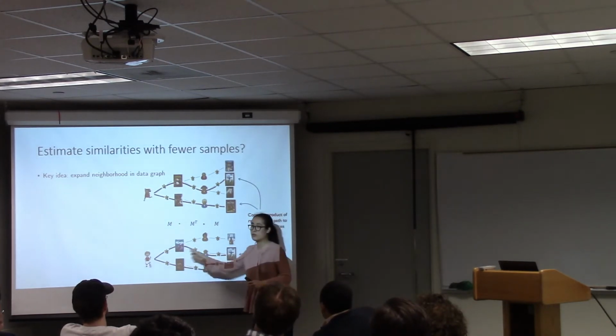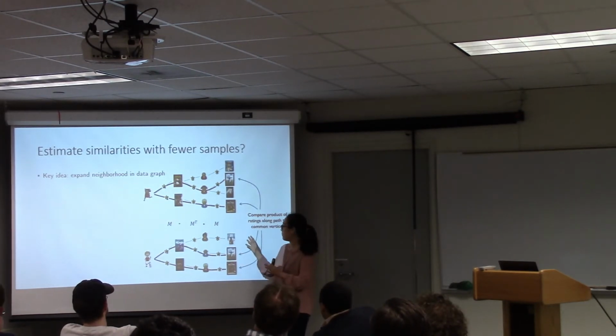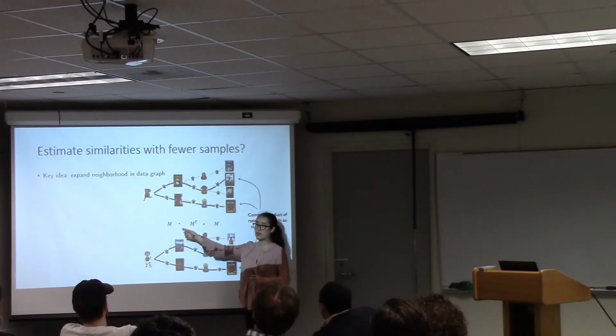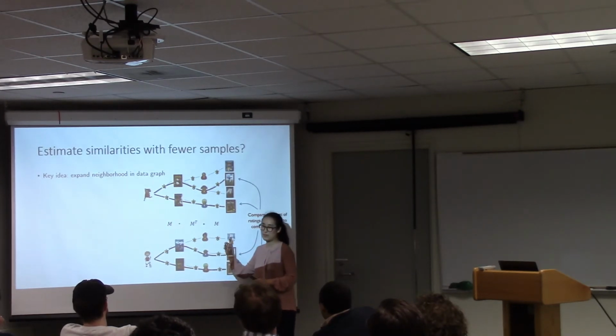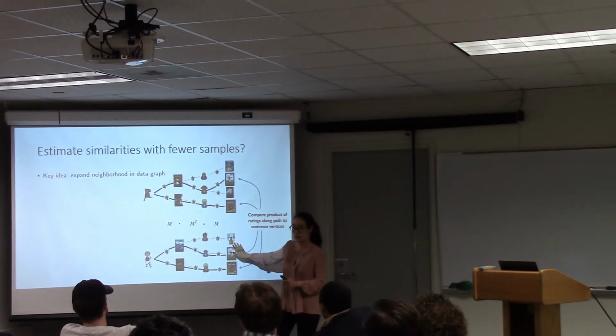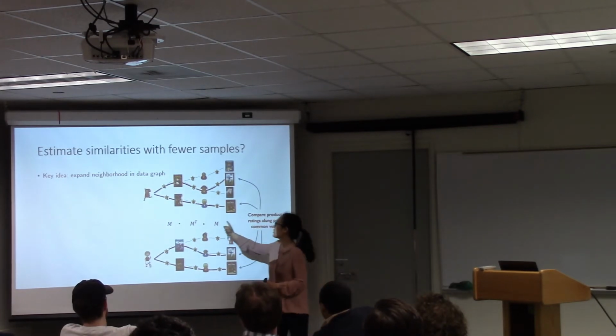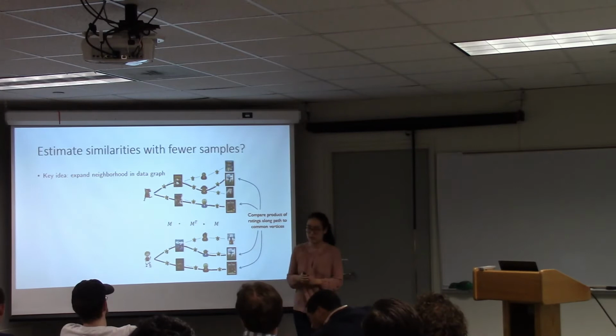So if you look at the three-hop neighborhood, you can roughly approximate it by the third power of the data matrix. One caveat is that we restrict ourselves to not repeatedly visit vertices, so this is like a breadth first search tree. So that's the one difference from just taking powers of the matrix.